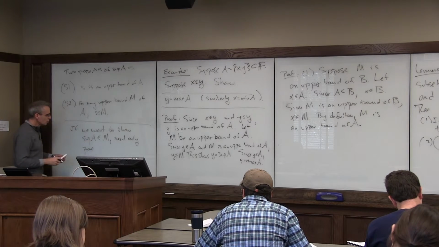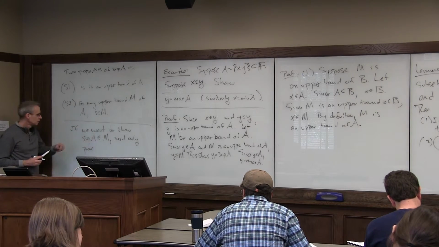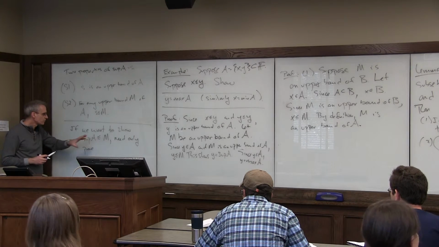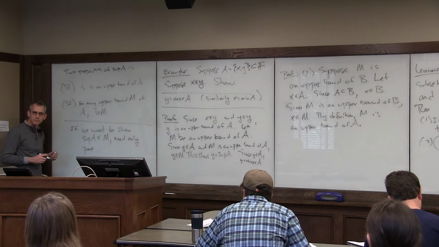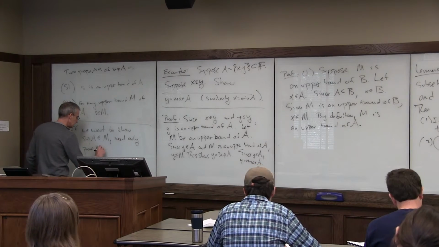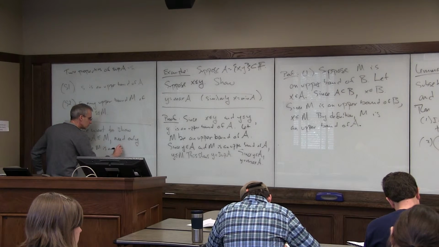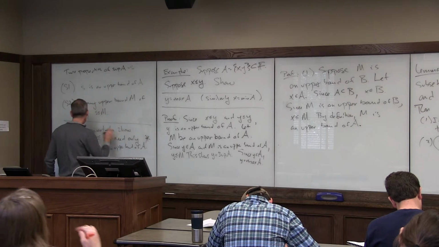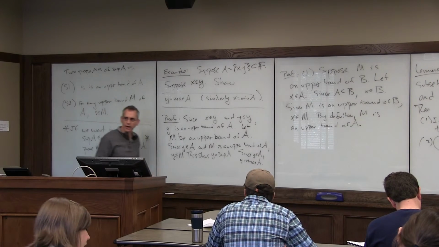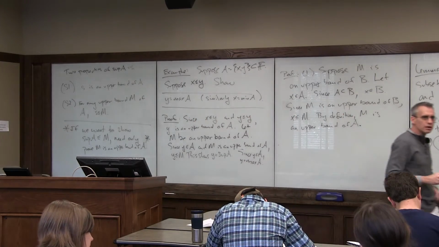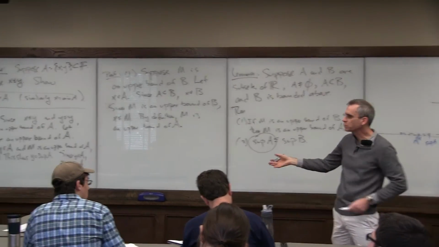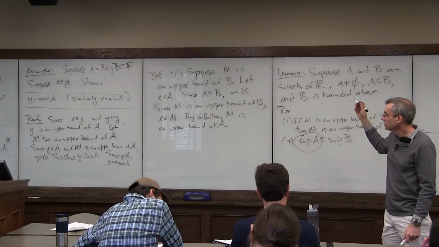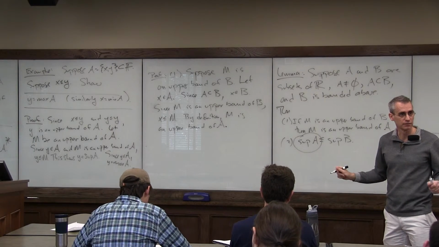Well, less than that, because we're not saying what this is. We're just trying to show it's less than or equal to something else. So what do we have to show about M? M is an upper bound of A. Okay, and this is a really, really important strategy that you will use a lot, and it will save you a lot of time. Okay, does everybody see that? If I'm trying to show that the sup is less than or equal to something, if I show that something, whatever it's called, is an upper bound of A, I'm done.